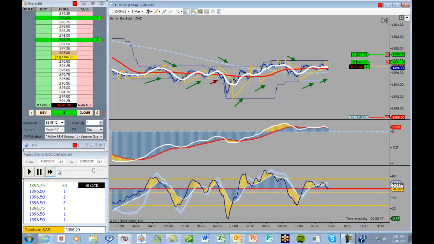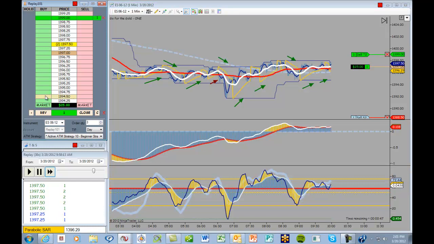It's okay, we hang in there. White's above red. Notice it dipped down again and went up. Okay. Hit the first target.